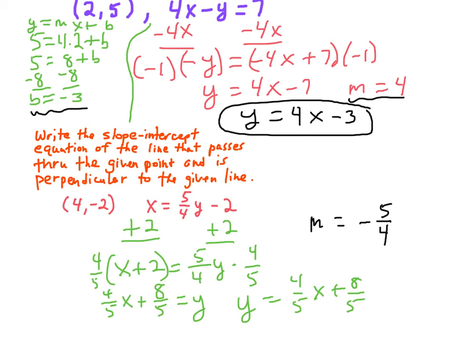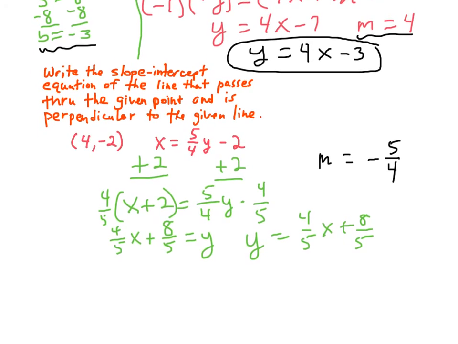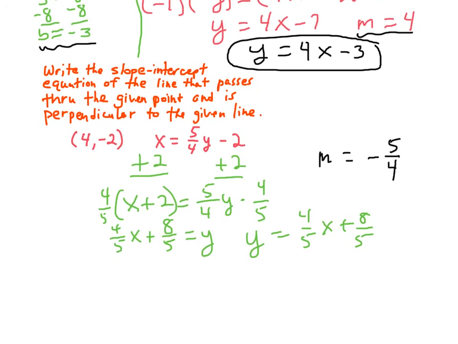And now I've got to move everything up here a second. And I've got to incorporate this point right here of (4, -2), and this slope here, to get my perpendicular line that will pass through that point and have this as its slope.